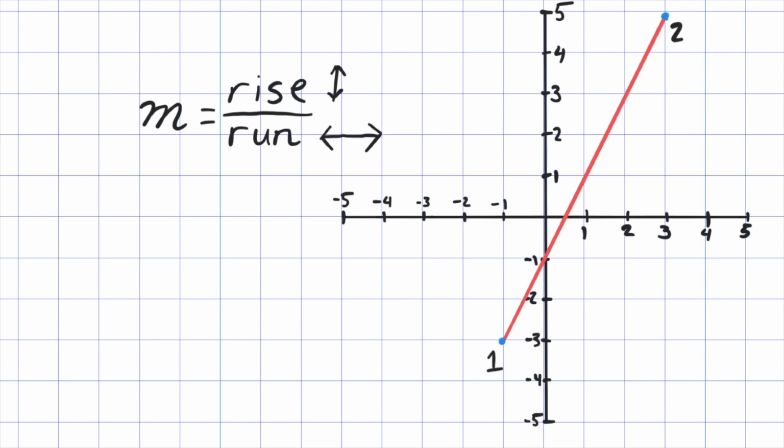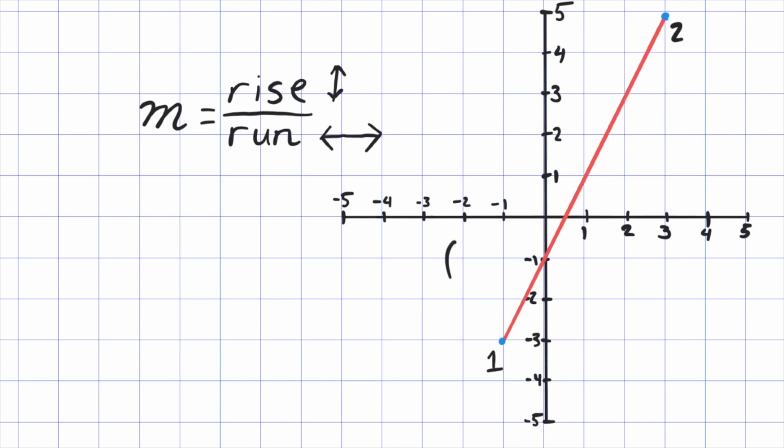Now, rather than just having point 1 and point 2, I can be a lot more specific about where these points are actually located. And I can do that because we are on a Cartesian plane. So I'm going to use that to be able to accurately plot where point 1 and point 2 are.